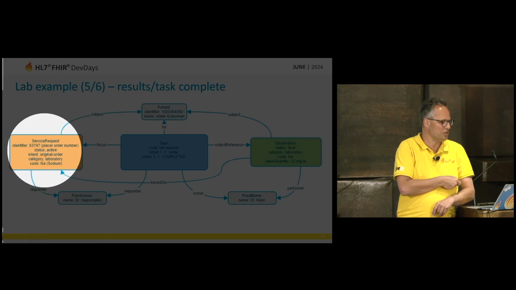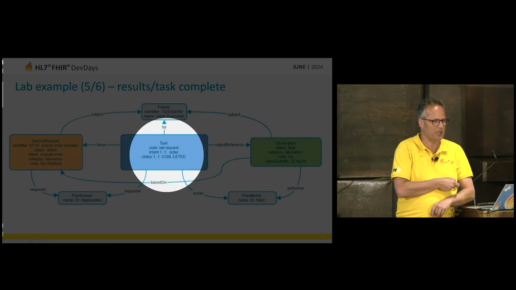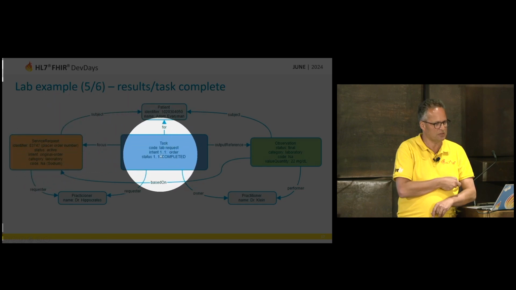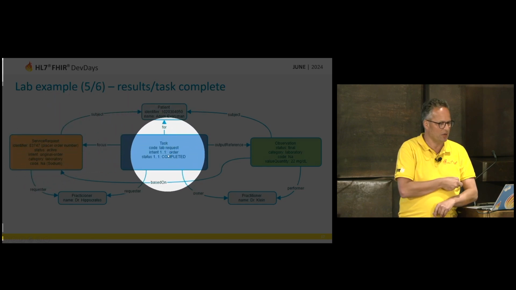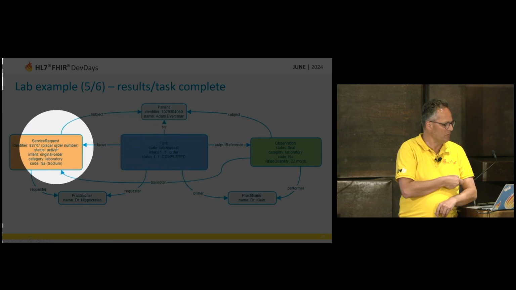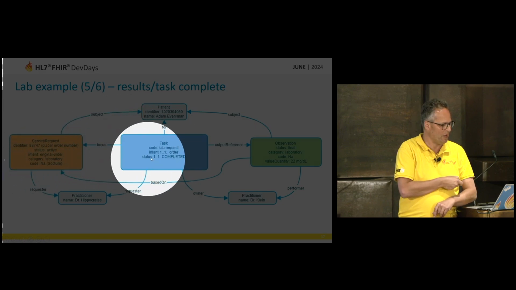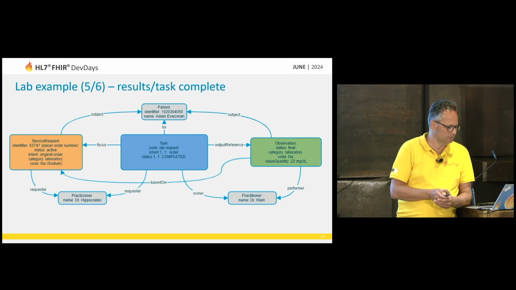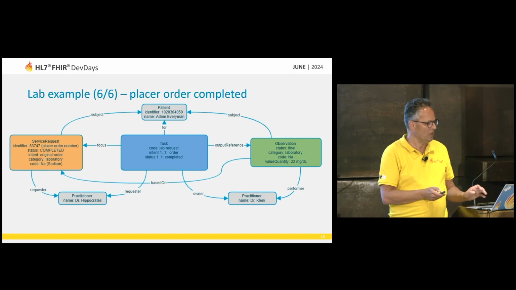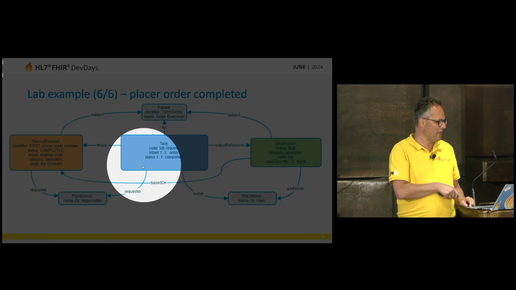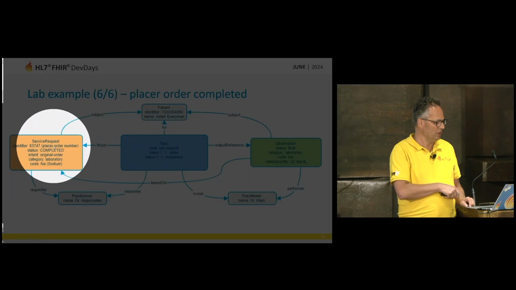Because this system at this point in time doesn't actually know that the thing has been done. Because the ordering system has to look at the task to find out that there is a result. Right? So at some point in time, the ordering system will find out that the actual lab test has been done. So the final status here is that this system has found out that there is a result.